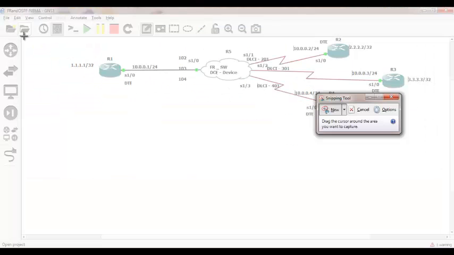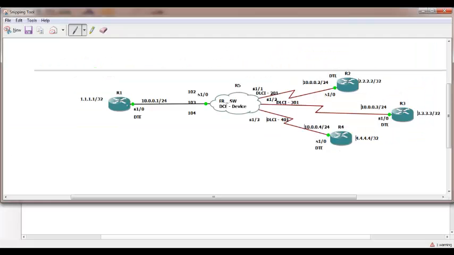Even though it is an NBMA, non-broadcast multi-access, you want OSPF to behave as it behaves in a broadcast environment. That's what your expectation is.